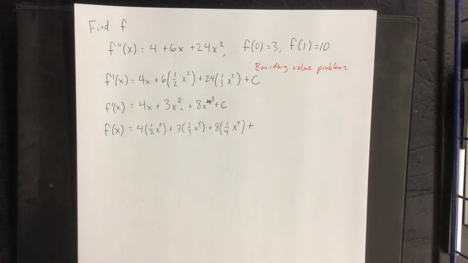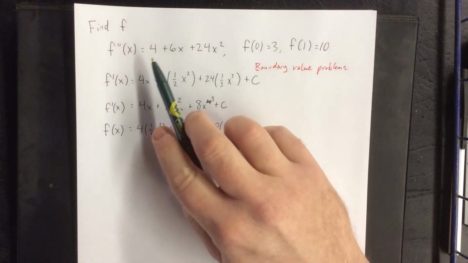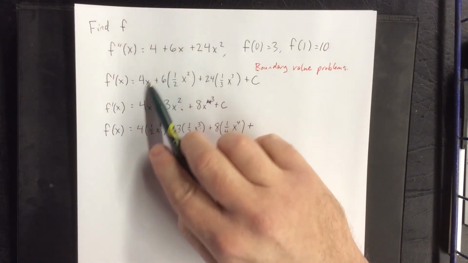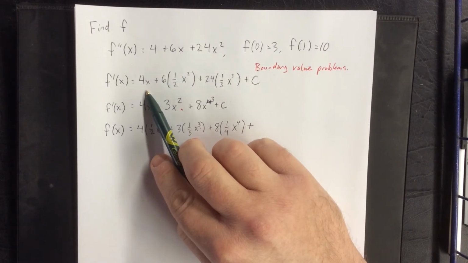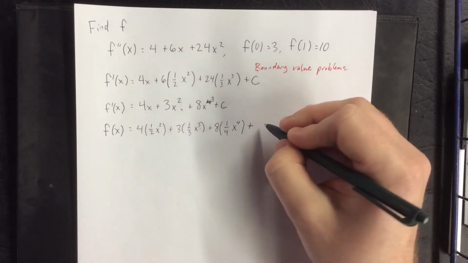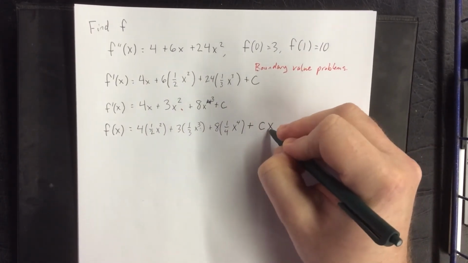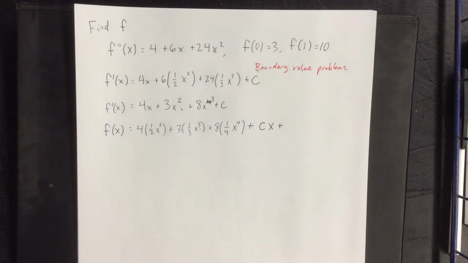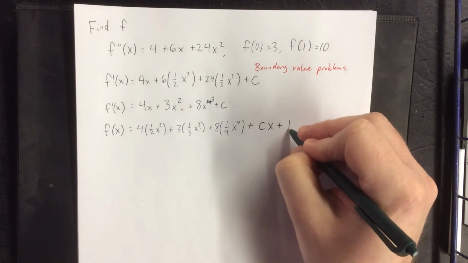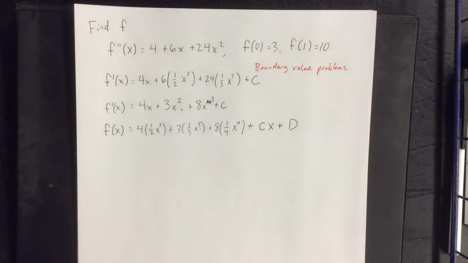Well, c is referring to a constant, and when you anti-differentiate a constant, what you're going to wind up with is the constant times x. That's the way that it worked for 4. That's the way it's going to work for plus c. However, because you've just completed another antiderivative, we are going to need a second constant in here.